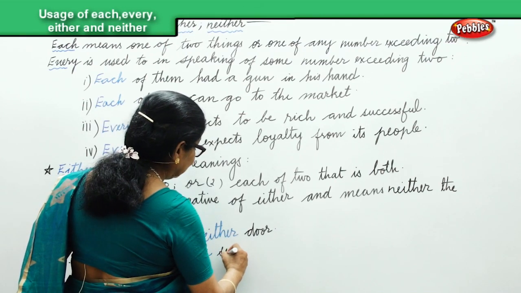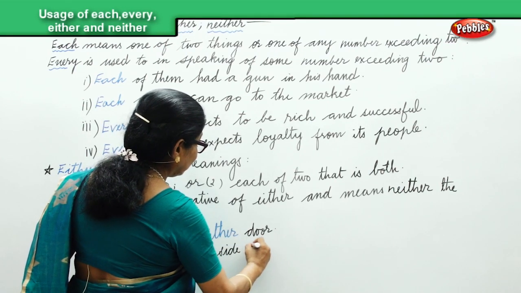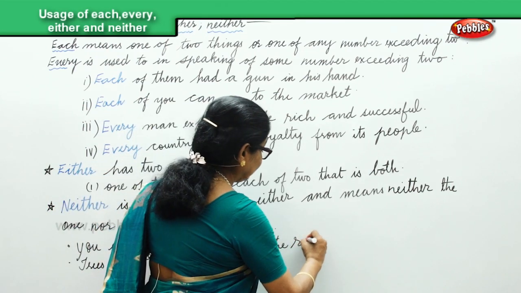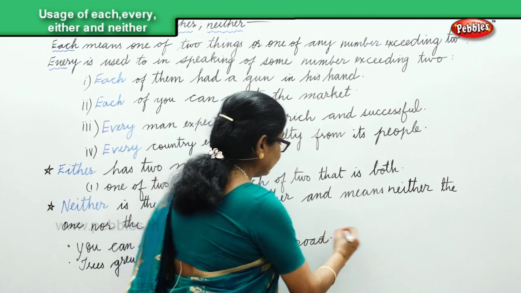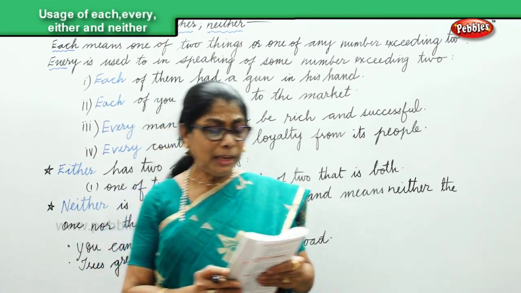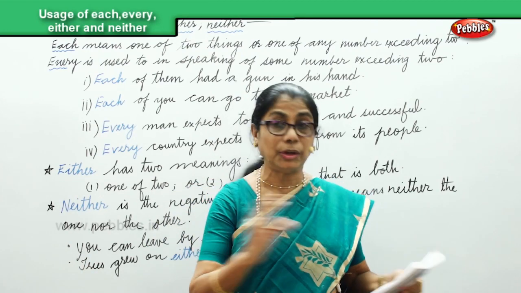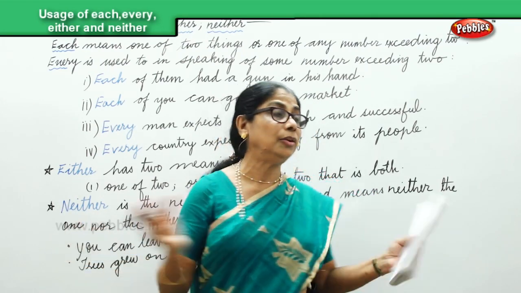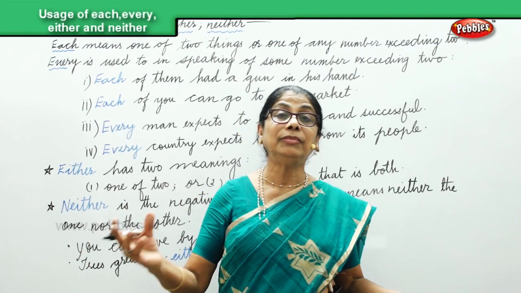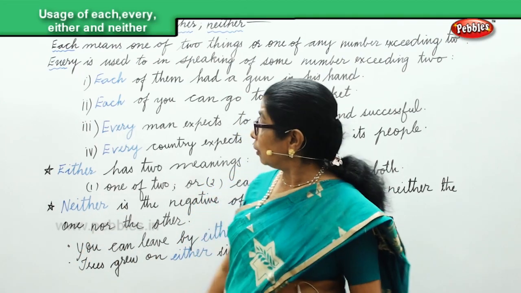Either side of the road means both sides. You can say on both sides. Now, we looked at either side of the road. That means you look to your left and you look to your right. I looked at either side of the road before I crossed the road.